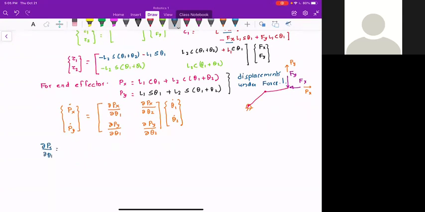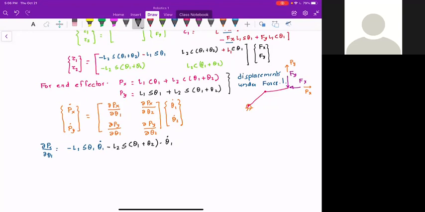It is going to be minus L1 sine theta 1 theta 1 dot, plus L2 cosine, so I might as well write this as minus L2 sine theta 1 plus theta 2 multiplied by theta 1 dot.